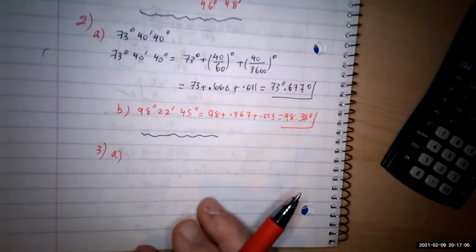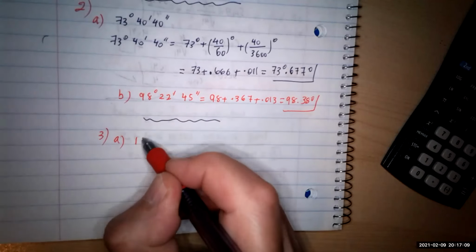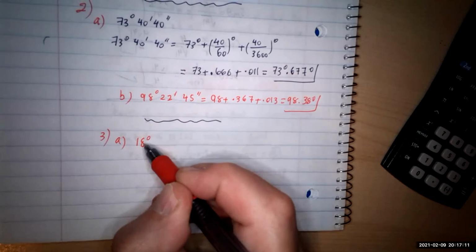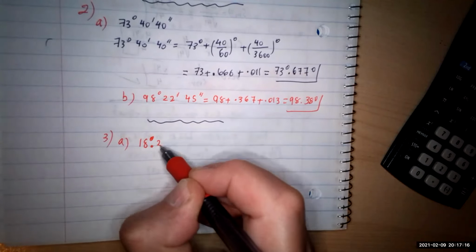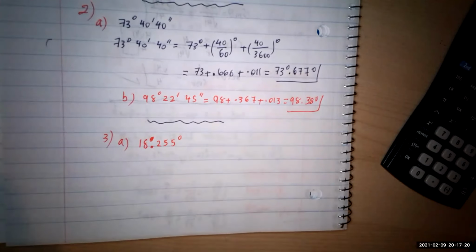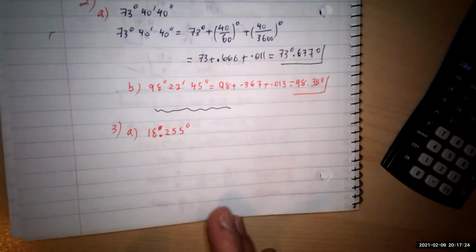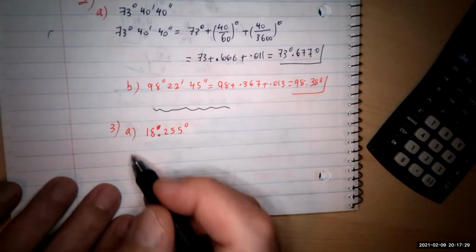You want to make it bigger, so you multiply it. The first one is 18.255 degrees. So you have to expand it.